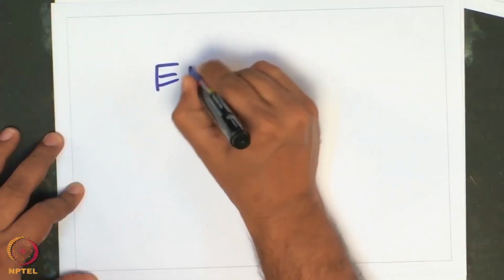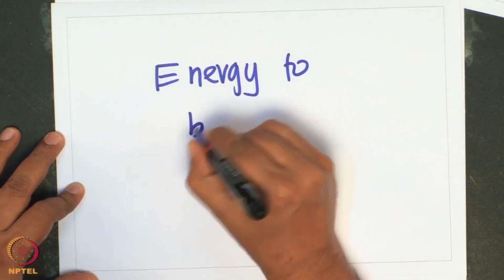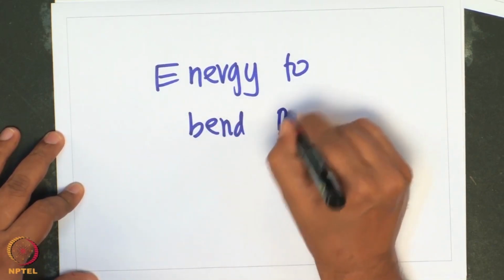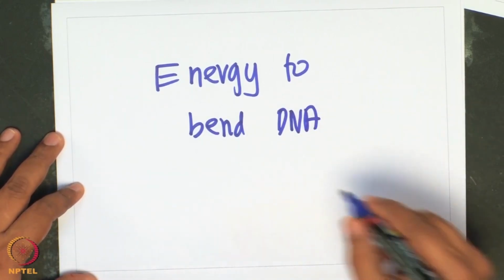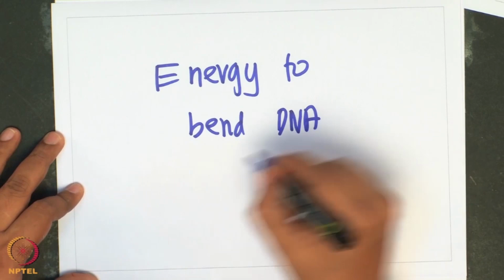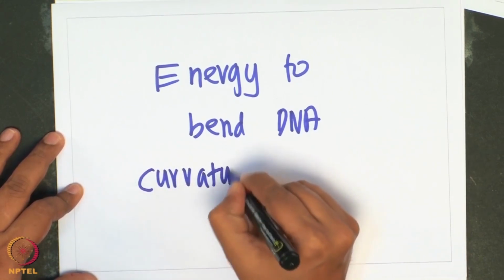So based on that, let us write here. This is something that we would want to use. Energy to bend DNA. Right? Energy to bend DNA. This is called curvature energy. How much energy is needed to curve?